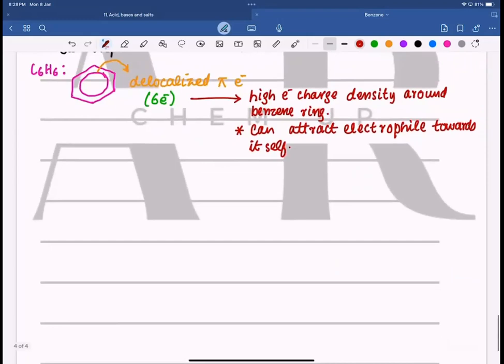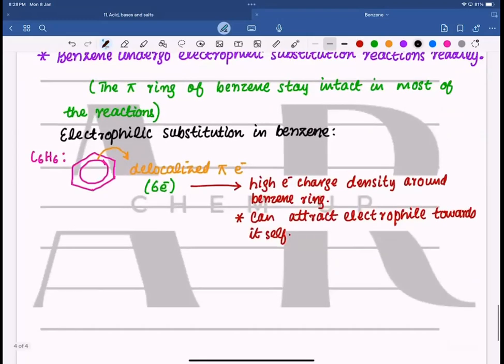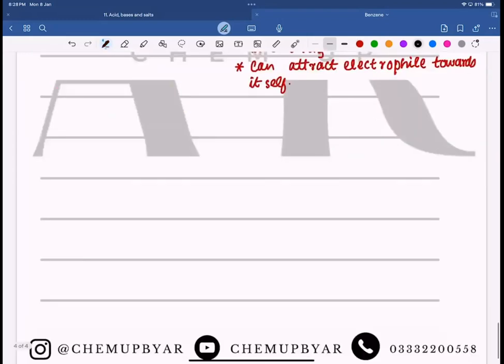So now, under electrophilic substitution reactions, the first reaction is with halogens, and specifically with chlorine or bromine.